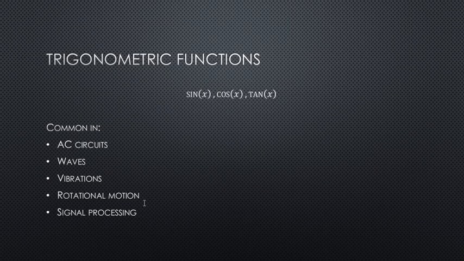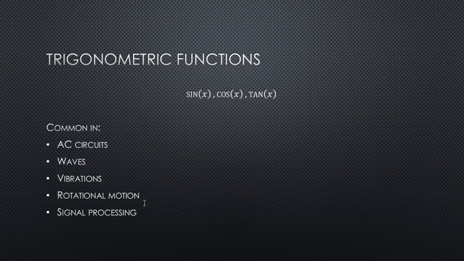Trigonometric functions are particularly important in engineering. The three functions you will encounter most often are sine, cosine, and tangent. Sine and cosine functions are especially important when dealing with periodic behavior. For example, alternating voltage in an electrical circuit can be modeled using a sinusoidal function.